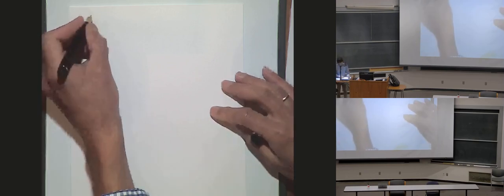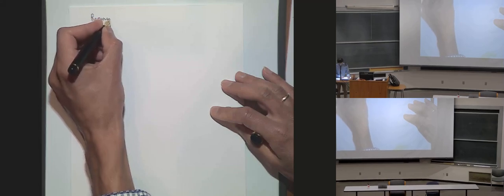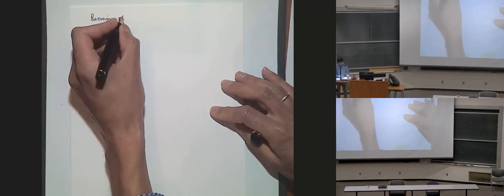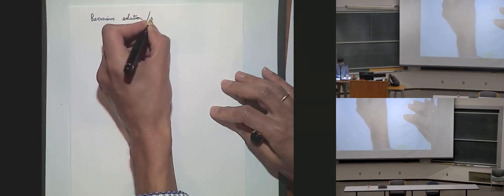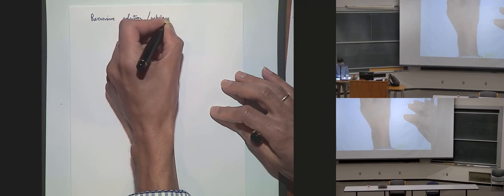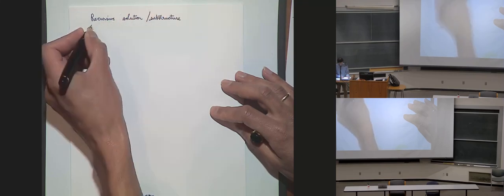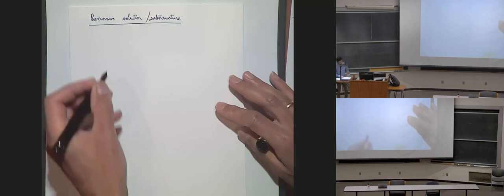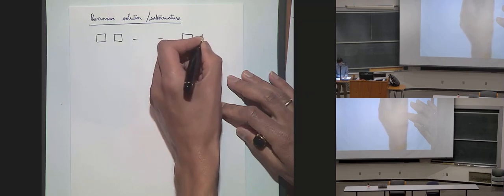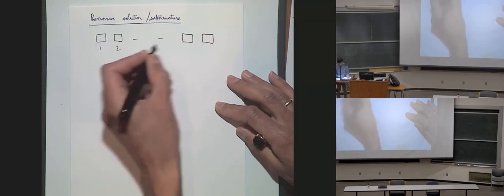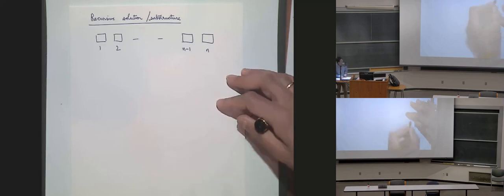So the first thing that you do is you observe that it has a recursive solution, which is also called a recursive substructure. So suppose I have these n items, which I've labeled 1, 2, n minus 1, and n.